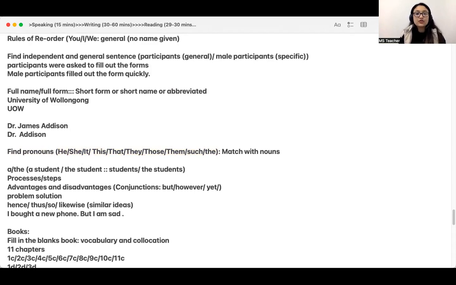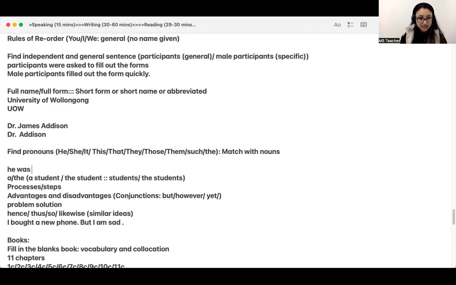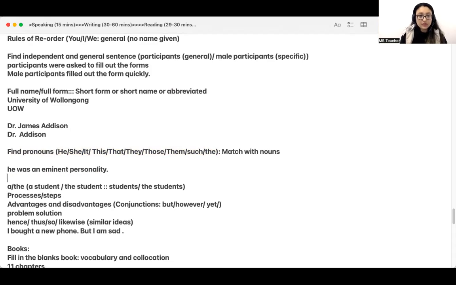You're supposed to match them with the nouns. So if I see 'he was an eminent personality', your job is to find out who this 'he' is, maybe Dr. Addison. So find the sentence with Dr. Addison, and after that you will have 'he was an eminent personality'.